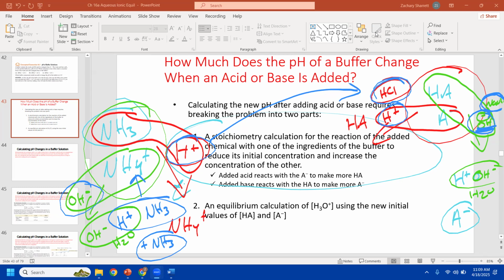Bryce? Neutral. Do we want to add a counter ion that's going to automatically increase or decrease the pH? How do we know what the neutral counter ions are? Have we learned that yet? How did we learn it? No, not from the periodic table. You have a list of strong acids and strong bases.